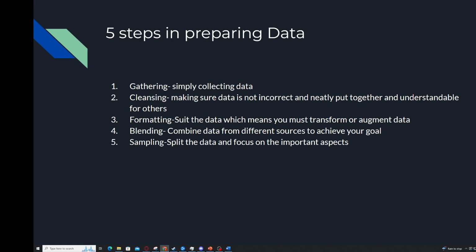Gathering is simply collecting the data. Second, you cleanse. Cleansing is making sure data is not incorrect, and is neatly put together and understandable for others. Third, format: suit the data, which means you must transform or augment the data. Fourth, blending: combine the data from different sources to achieve your goal. And fifth, sampling: split the data and focus on the important aspects of the data.